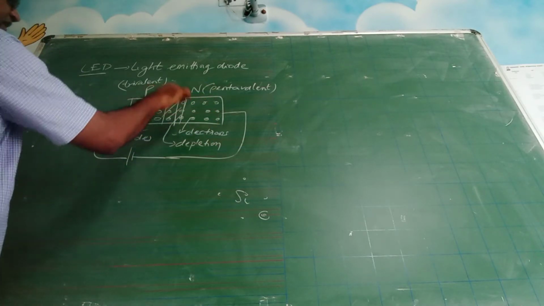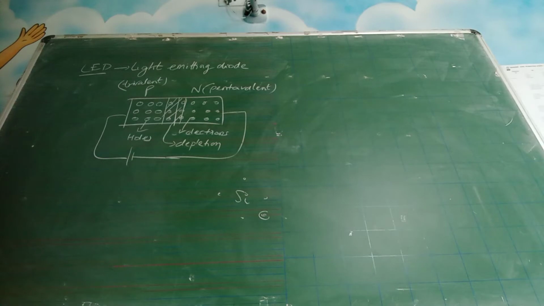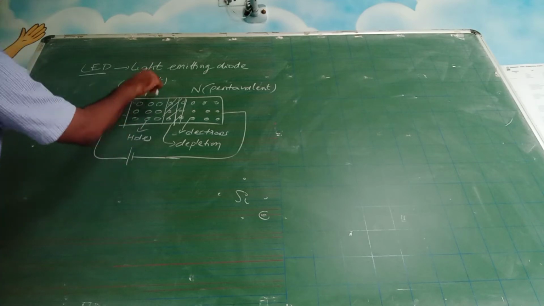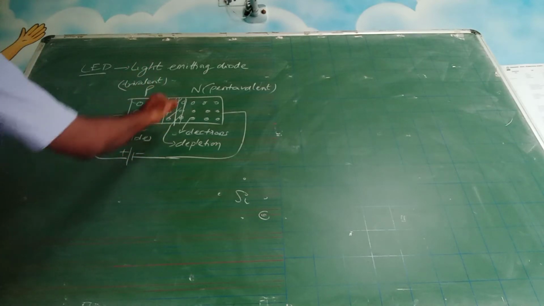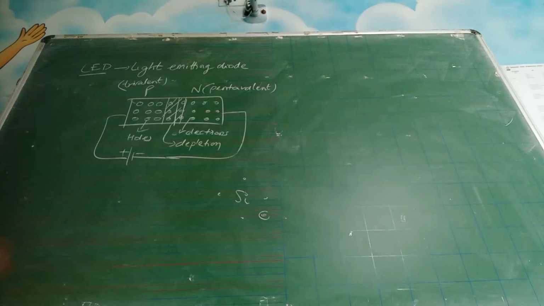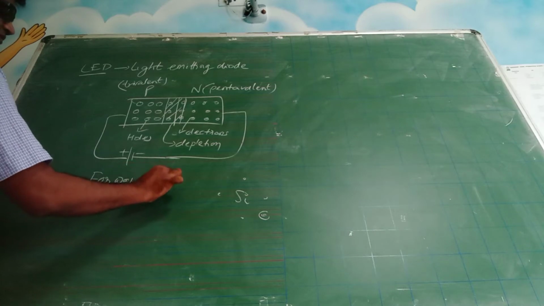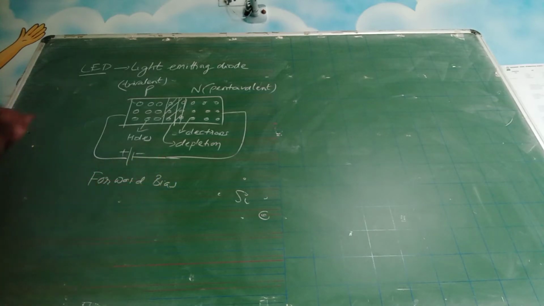This conduction happens when you connect this with a battery or a power source. So let us say here we have connected this P-type with the higher potential, N-type with the lower potential. So which type of biasing is this? This is forward biasing. Okay. So in forward biasing, there will be a flow of current.